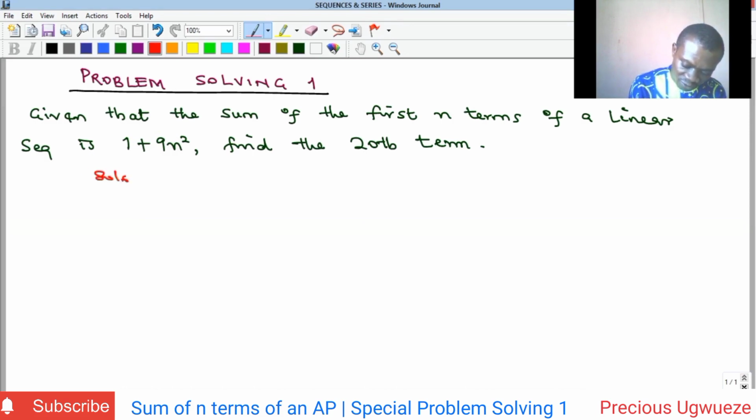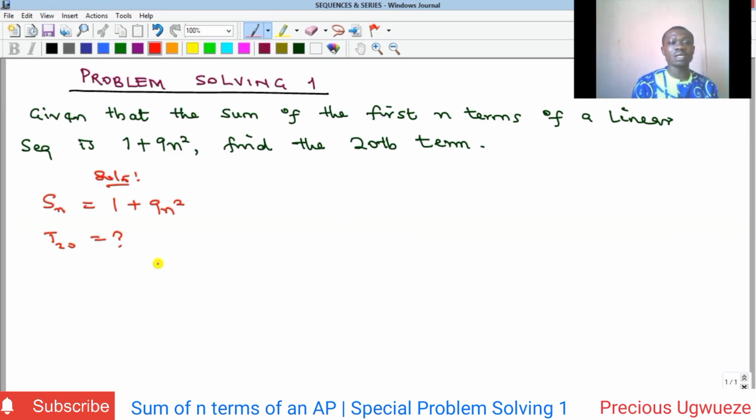So we have that the sum Sn is equal to 1 plus 9n squared, and they are asking us to find the 20th term. Now you're only given the sum of the first n terms, and you're asked to find the 20th term. So that means you are asked to find T20.